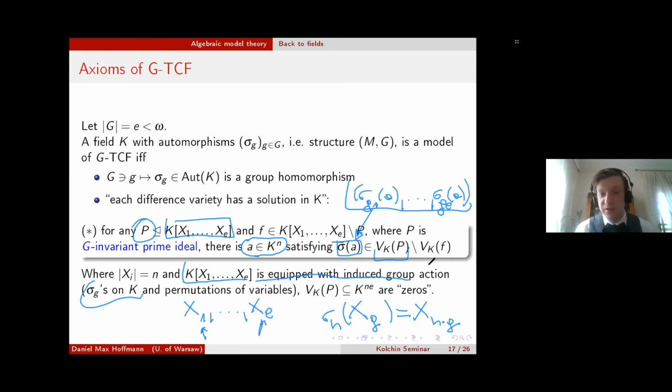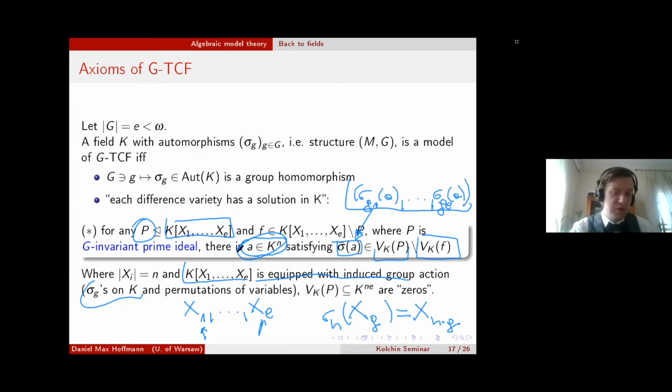But you want to avoid being a zero of f. So this tuple A is a zero for everybody from your G invariant prime ideal, but it is different from zero on f.